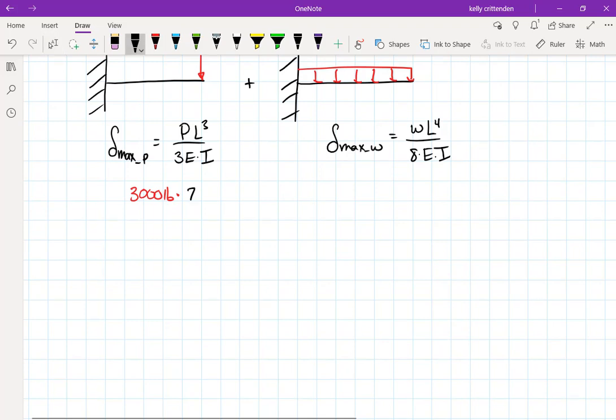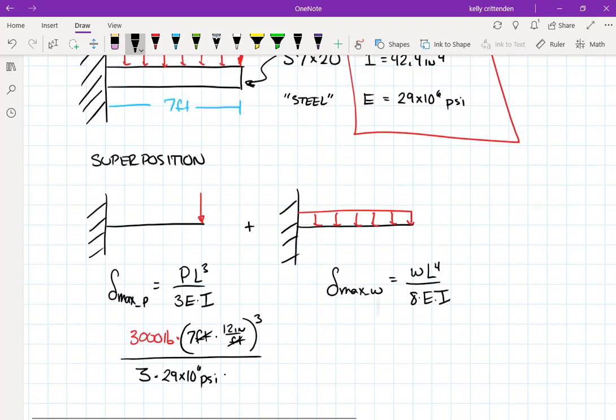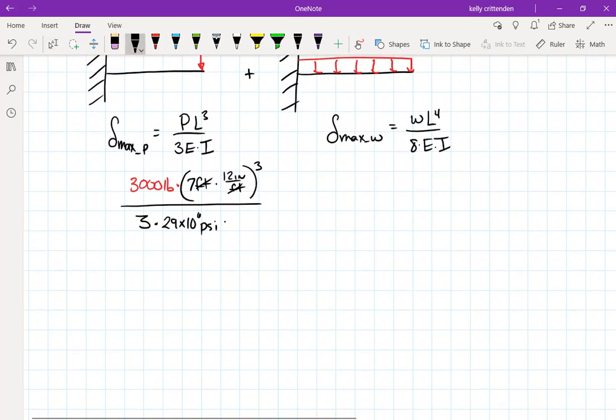Oh, well, that's fine. I do want to keep my units in inches and pounds, so I'll do 12 inches per foot. And we have to cube that. 3 is just in the equation. E we looked up was 29 million psi, and I was 42.4 inches to the fourth. And then we can just calculate it.